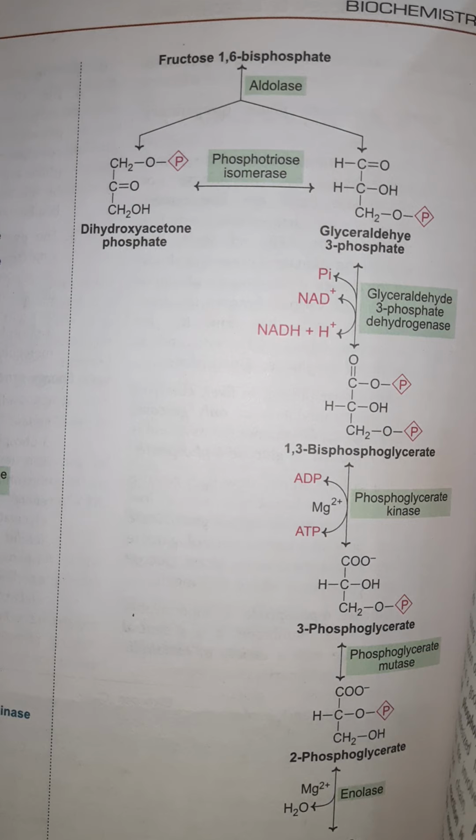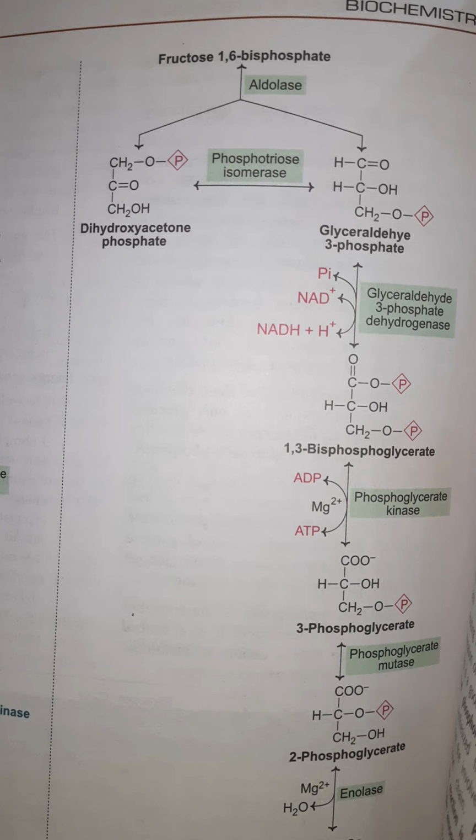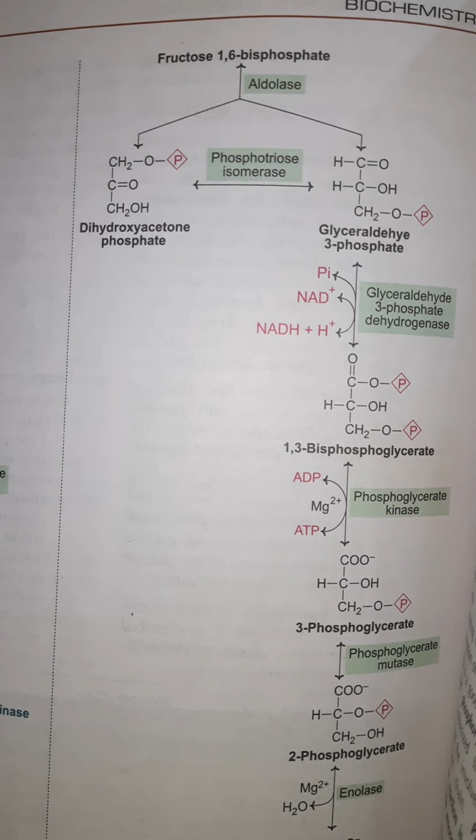The enzyme phosphotriose isomerase catalyzes the reversible interconversion of glyceraldehyde 3-phosphate and dihydroxyacetone phosphate.